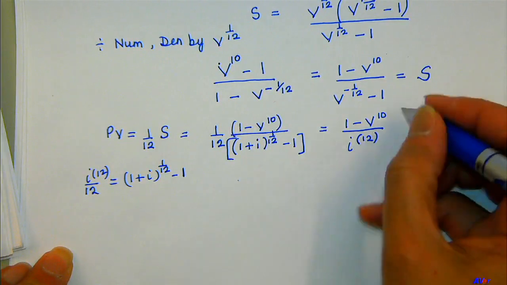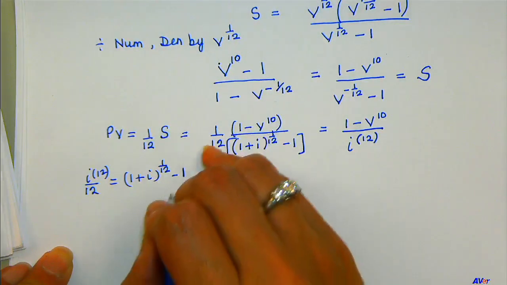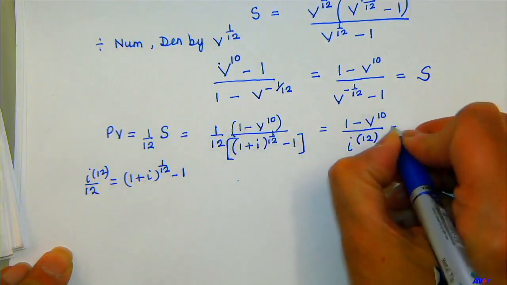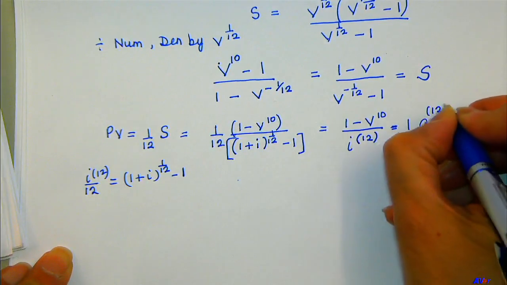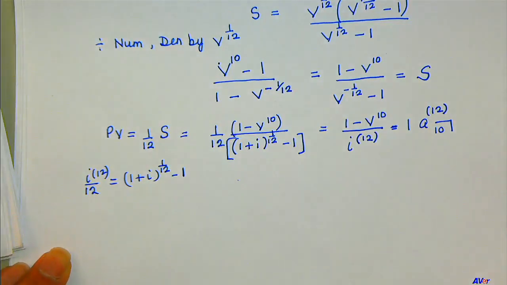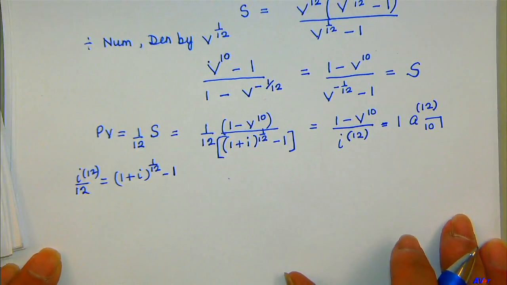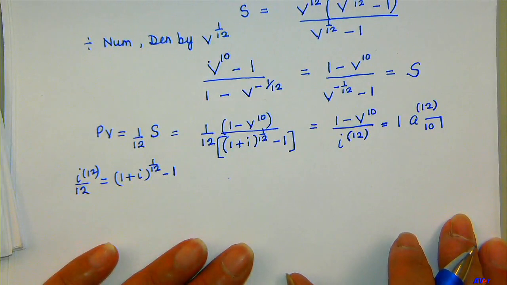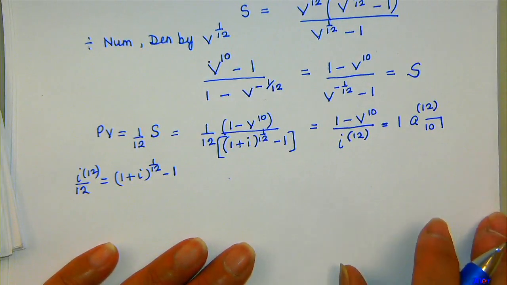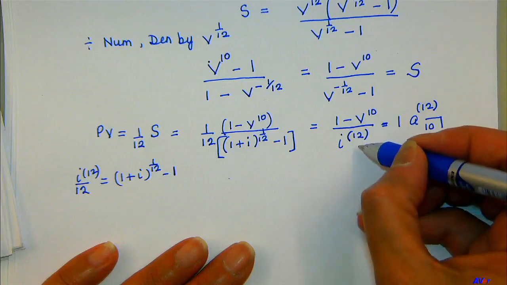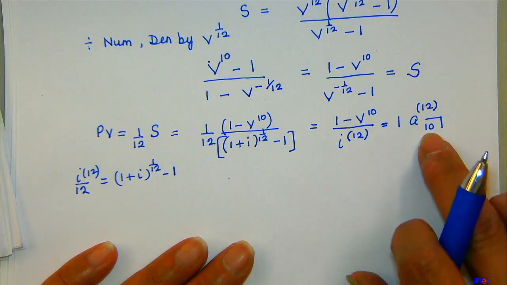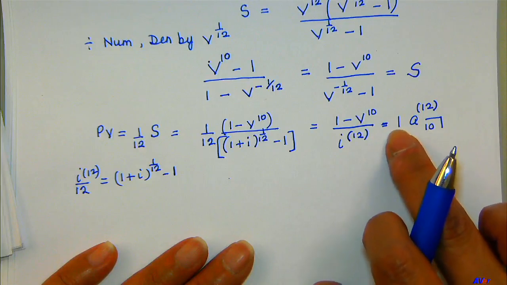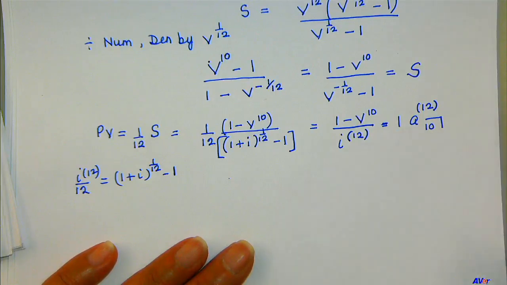And that is called, this 1/12 is now gone, so this is called A angle 10 upper (12). So notice that it looks just like A angle N, except the denominator is not I, it's I-12. Payments are happening 12 times a year for 10 years with a total annual payment of 1 because I have 12 payments of 1/12.